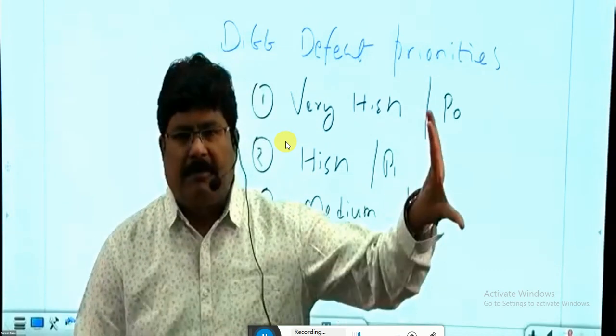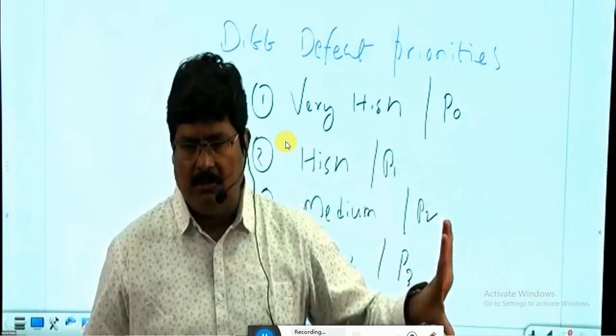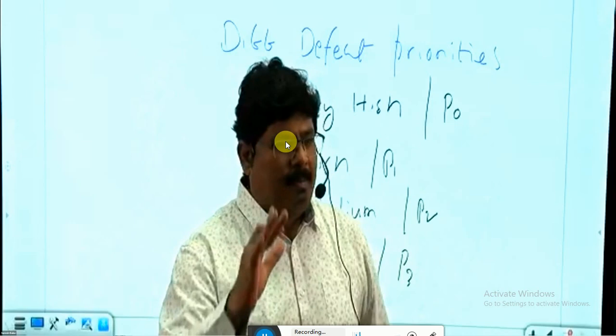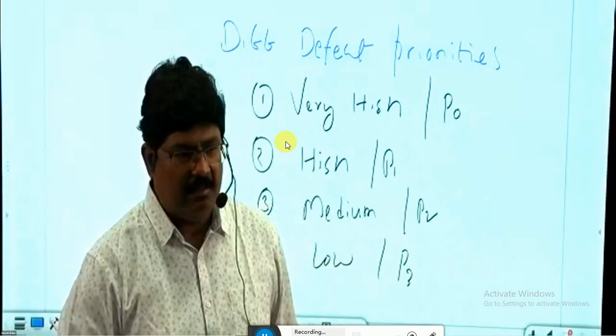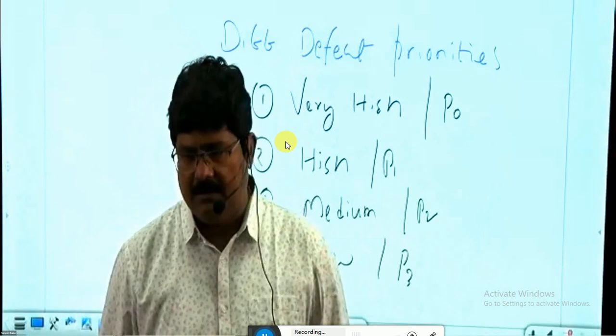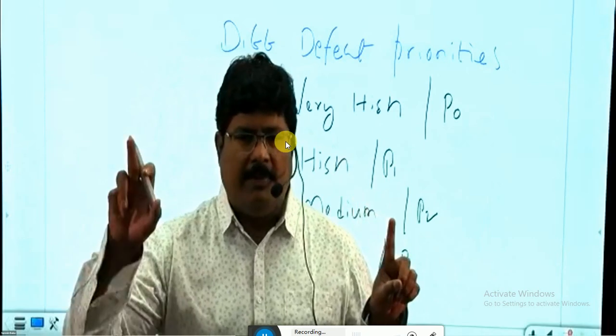If the impact of the bug is high, severity is high, no doubt, immediately developer will try to resolve it, correct? I reported a problem to my developer, login not working, very high severity. Will developer postpone it? Immediately they will rectify it. If severity is high, mostly priority also will be high.